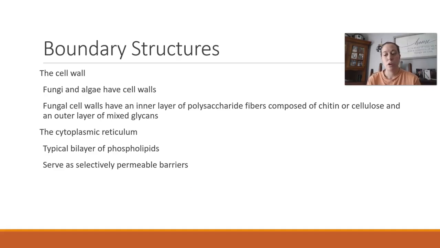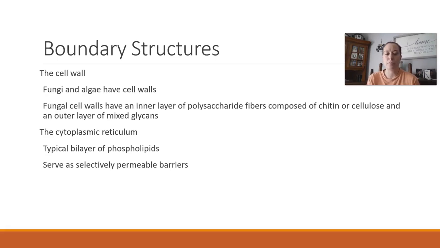All right, we're going to talk about some more boundary structures. We've got the cell wall, which acts as a permeable membrane, allowing stuff to come in or out of the cell. In fungi, it's a little bit different.